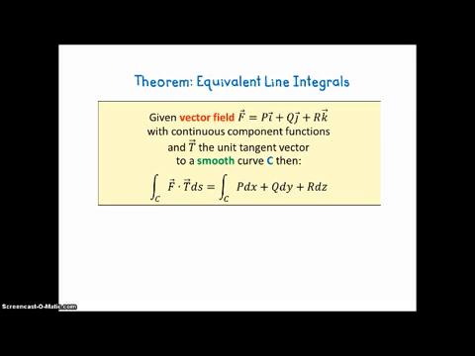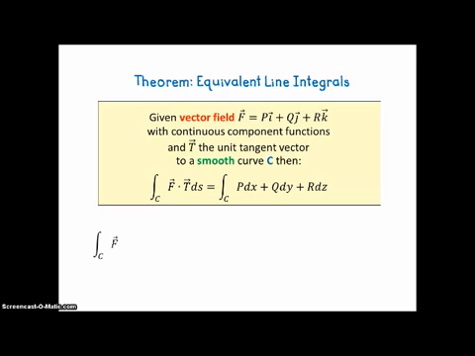We can just use this simpler integral on the right, where P, Q, and R are functions of x, y, and z. Since that's a single integral, we have to change it so that we have a single variable. So we change P, Q, R, and dx, dy, dz in terms of t, so that everything is in terms of t, and then we can integrate it very easily.